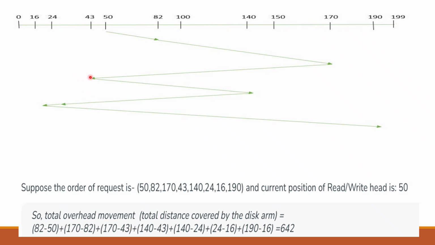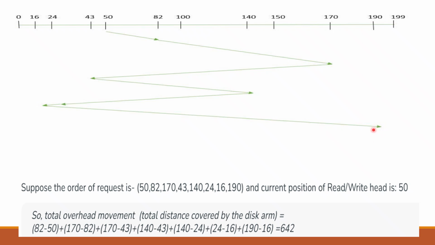After 43 we go to 140, in the order in which they arrive. After 140 we go to 24, after 24 to 16, and after 16 the disk arm moves to 190.